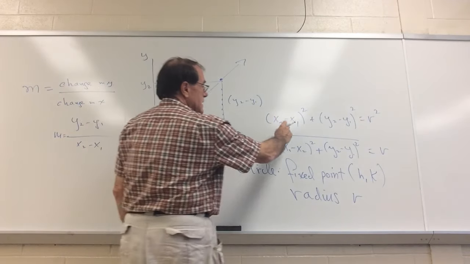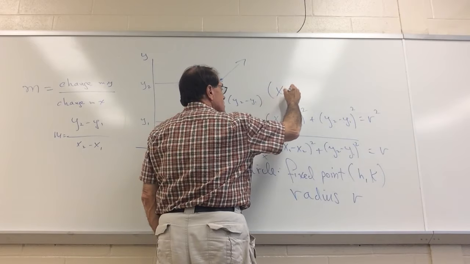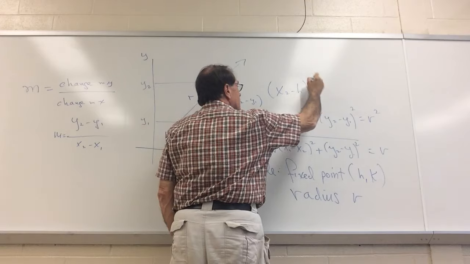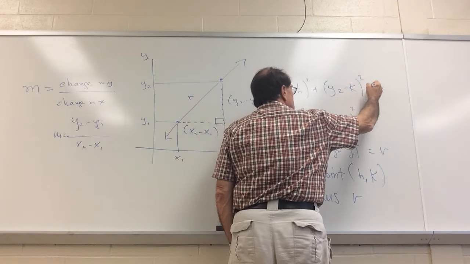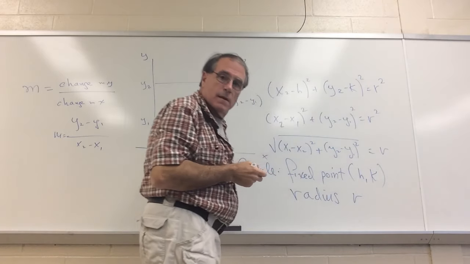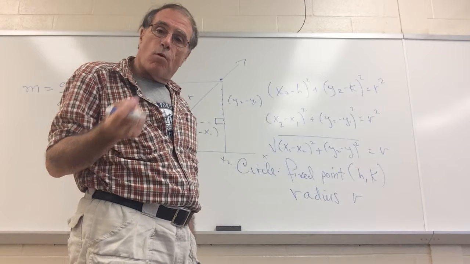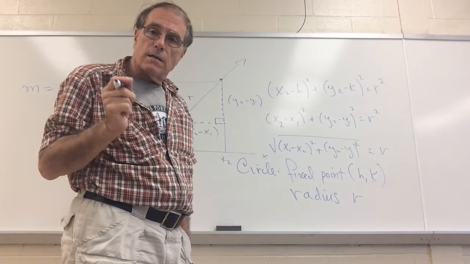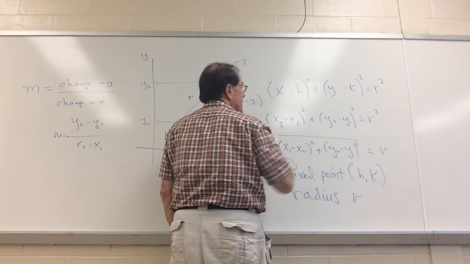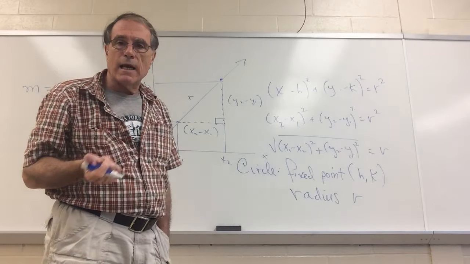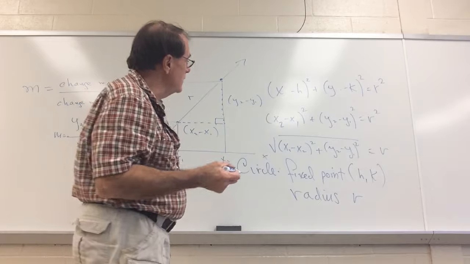So if I replace x1, y1 with h, k, I have x2 minus h squared plus y2 minus k squared equals r squared. That's the equation of a circle. Now, since x, y is a point on the circle, I do not need the subscripts, and I can simplify that to x minus h squared plus y minus k squared equals r squared, and that is the equation of a circle right here.